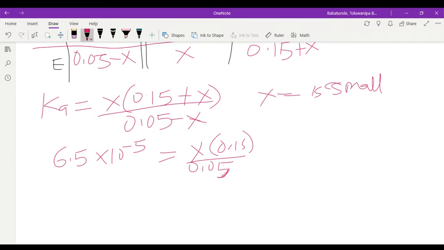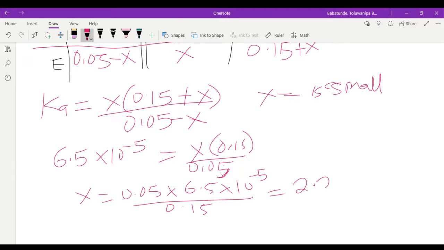Right. So if you solve for x, x is going to give us 0.05 times 6.5 times 10 to negative 5 over 0.15. And if you plug that into our calculator, it's going to give us 2.2 times 10 to the negative 5.